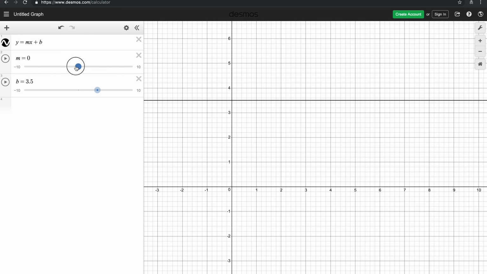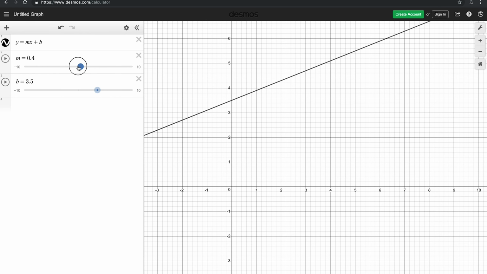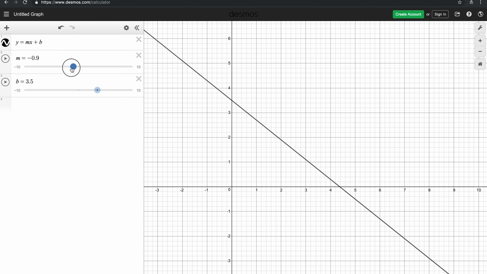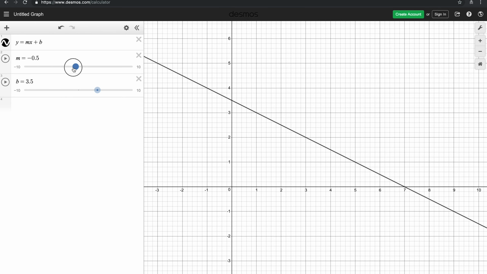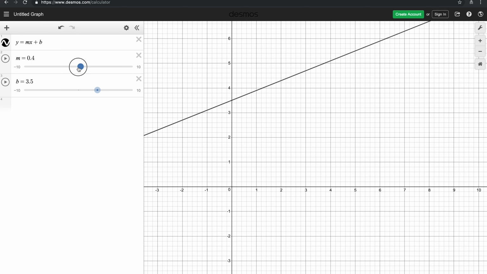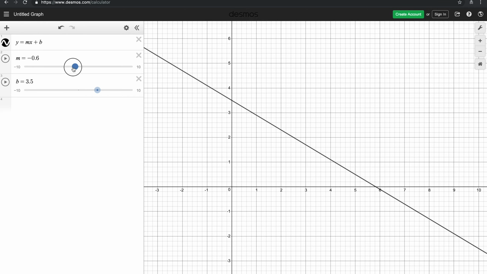When we increase M, we see that this function starts to grow. When we decrease it, we see that it starts to shrink or decrease. So M is pretty much how much the function is sloping. And is it sloping up or down? That depends on the value of M.